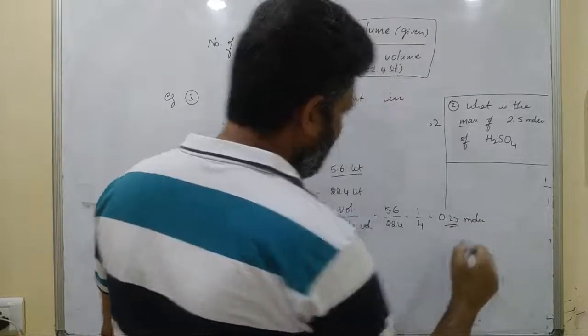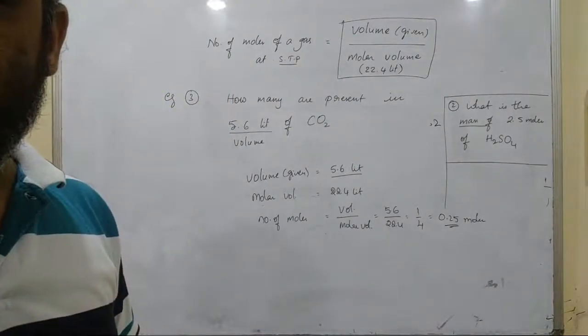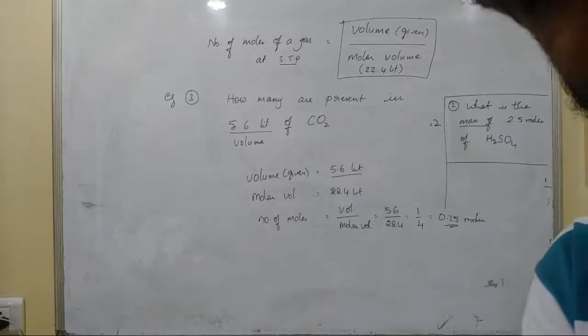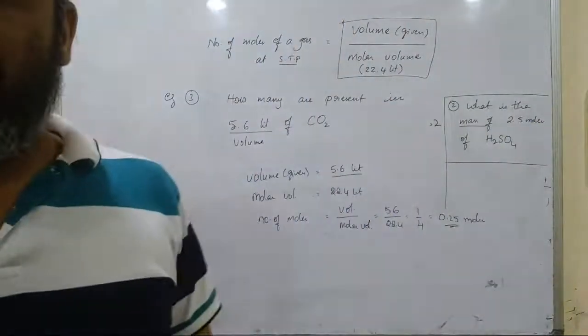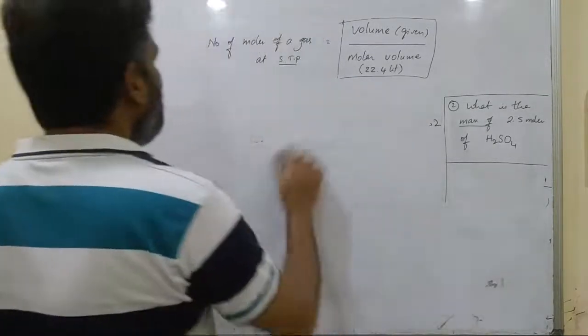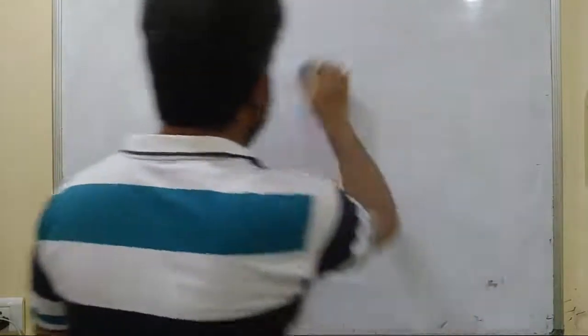So 0.25 moles are present in this. So this is how we find the number of moles from the mass and volume of a given gas.